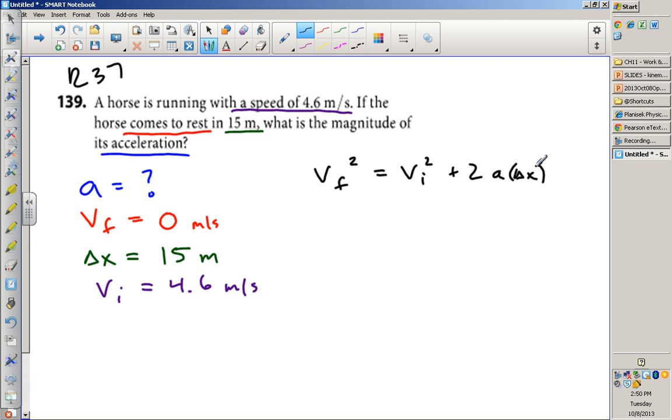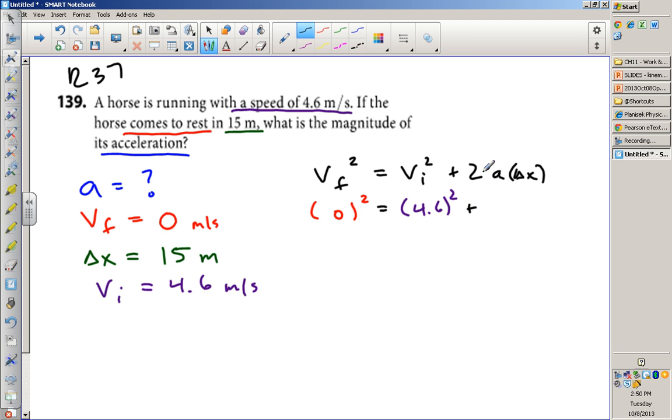Okay. Good there? So now we start plugging in things we know. The final velocity in this problem we figured out was going to be 0, so we plug that in there. The initial velocity of this horse, because it was running with a speed of 4.6, means 4.6 goes in that spot there.